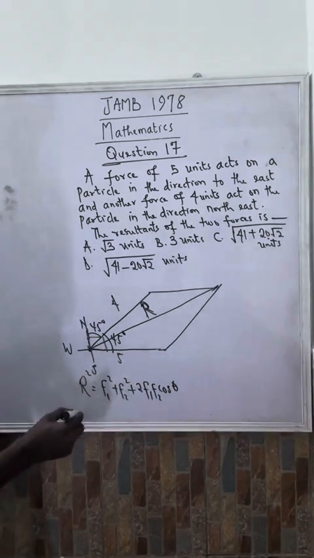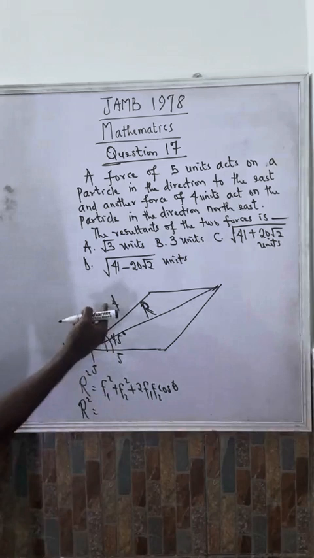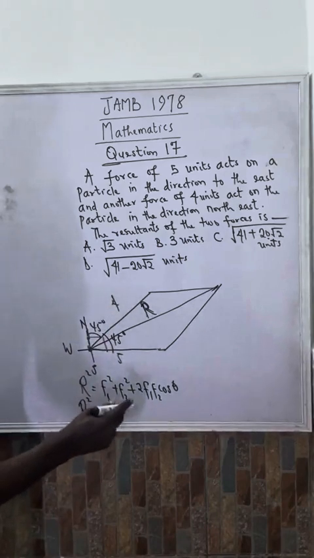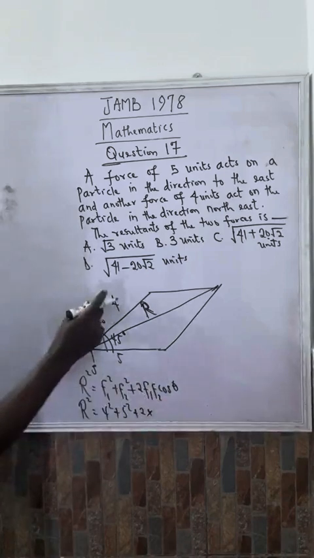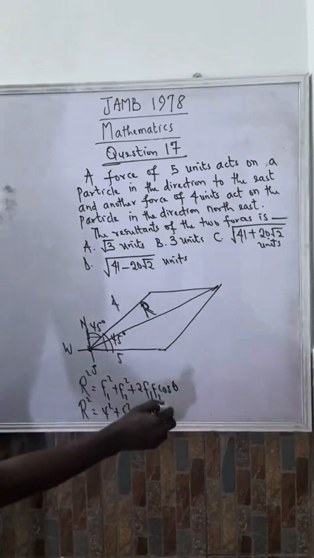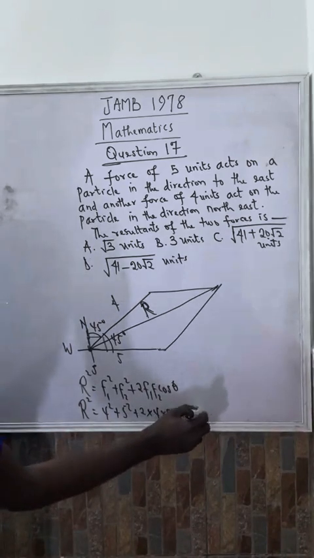So let's substitute. That means I will have r squared equal to, taking f1 as 4, 4 squared plus, f2 is 5, 5 squared plus 2 times 4 times 5 times cos 45 degrees.